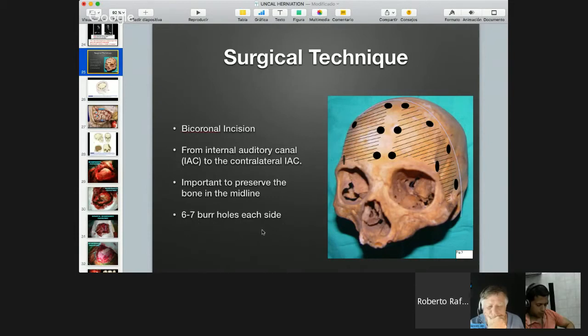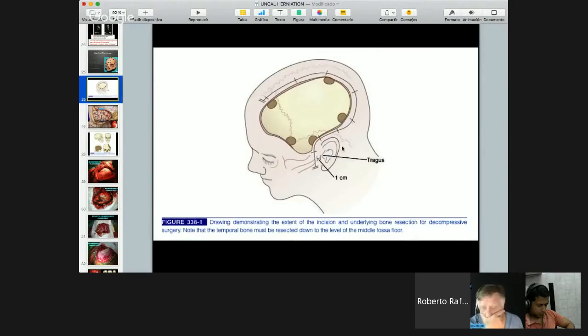It's important to preserve the bone in the midline. You can do it with a bicoronal incision in bilateral cases or unilateral like this, for example.